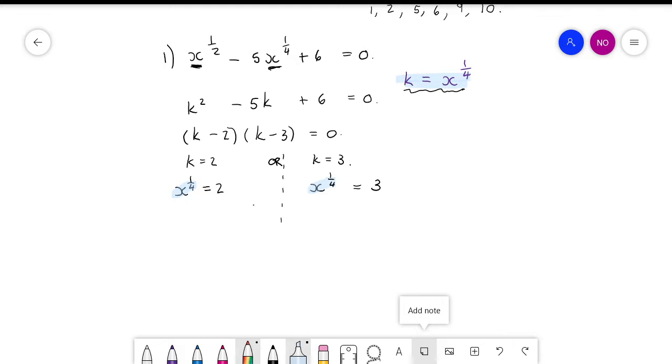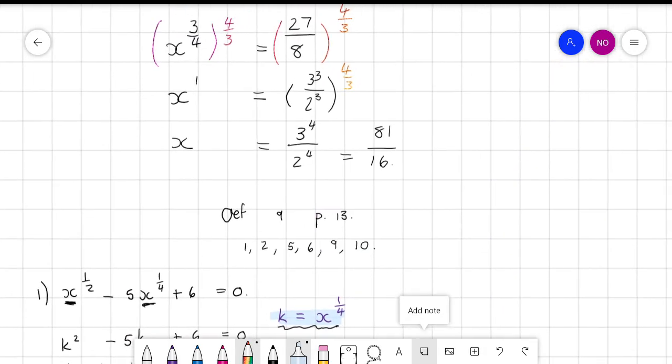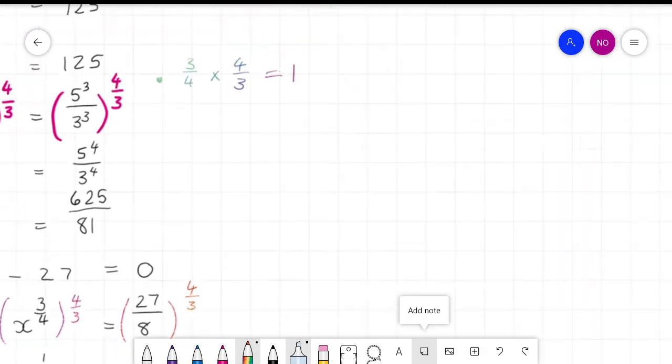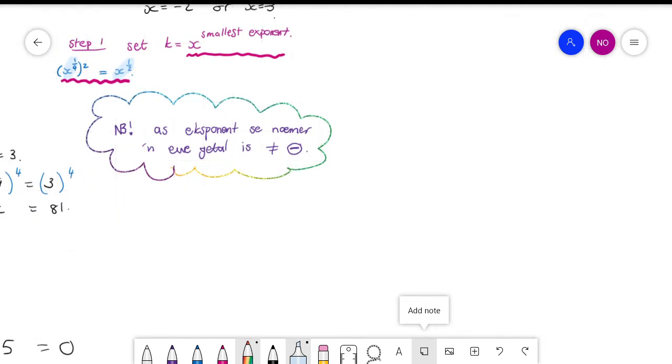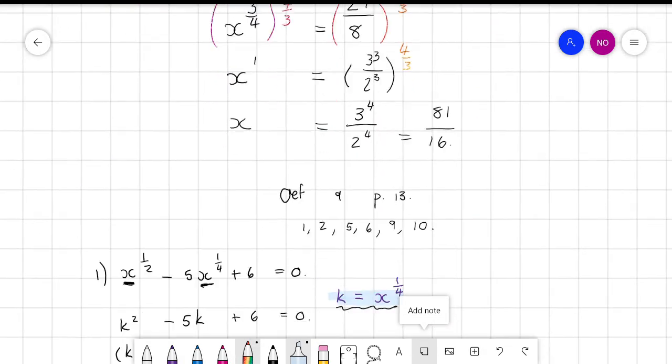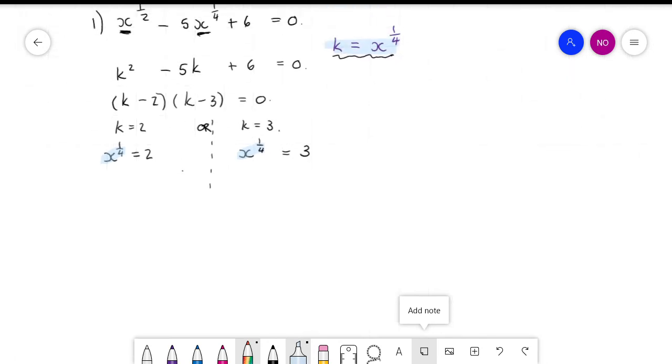Okay, nou moet jy eers gou vinnig vir jouself vra. Onthou, ons reël sê, as die noemer van die eksponent 'n ewige getal is, dan mag hy nie gelyk wees aan 'n negatiewe getal nie. But luckily this one, we can work with both sides. Because you see, I have a 4 there, which is an even number, but this is positive 2 and that is positive 3.